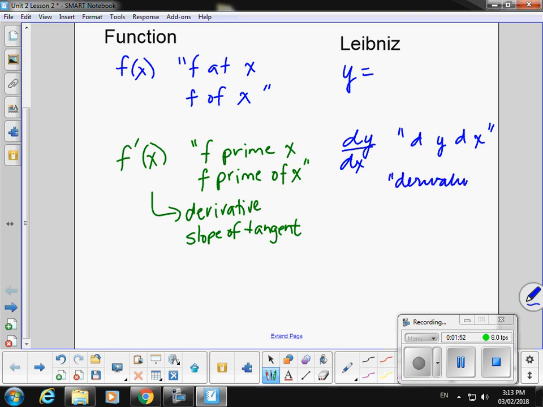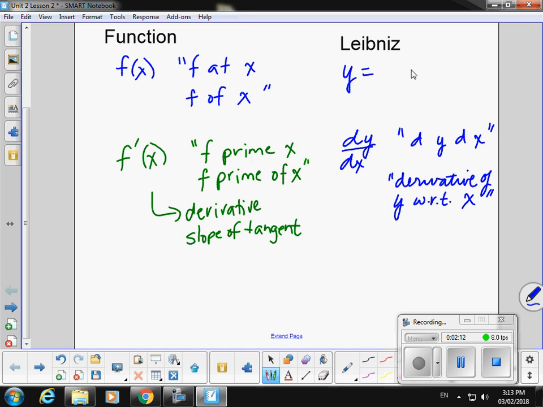We're just too lazy to say it: the derivative of y with respect to x. That's what it means. And it can be very helpful if you have equations that have more than one variable. So we're going to try and use both of these forms and get you used to it.